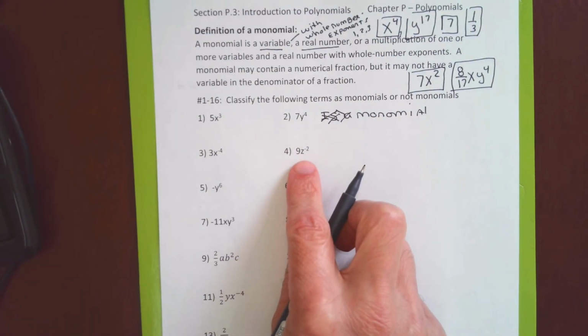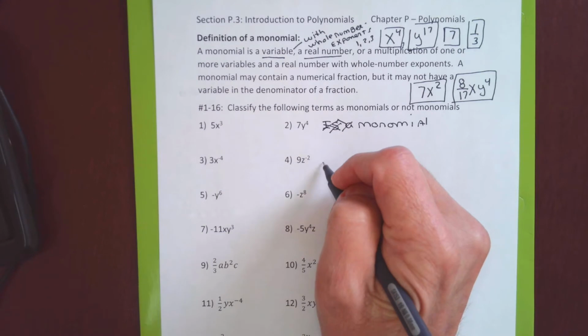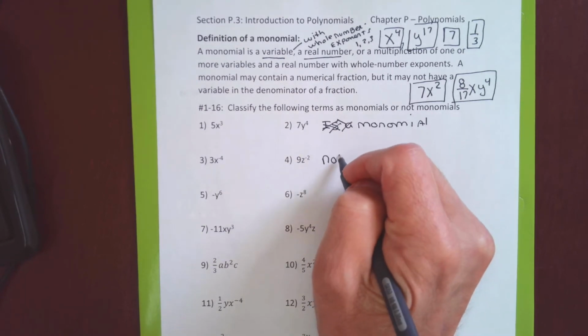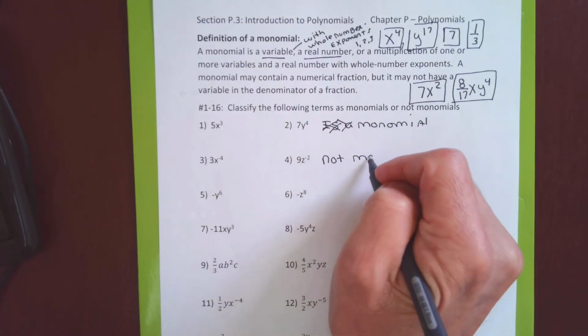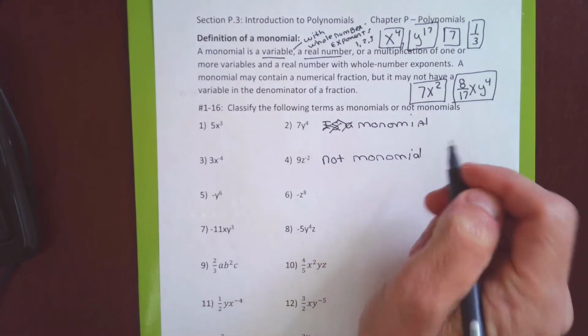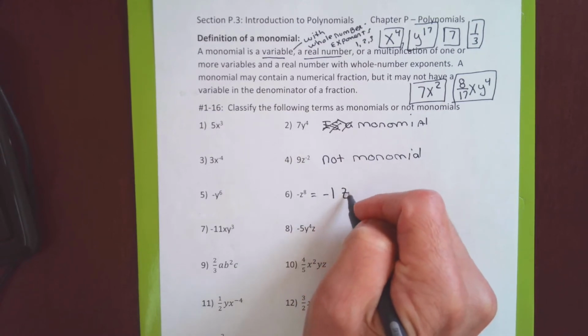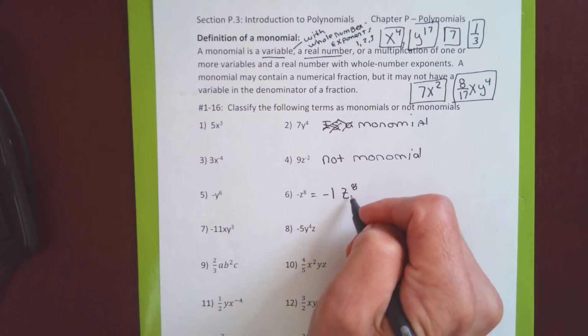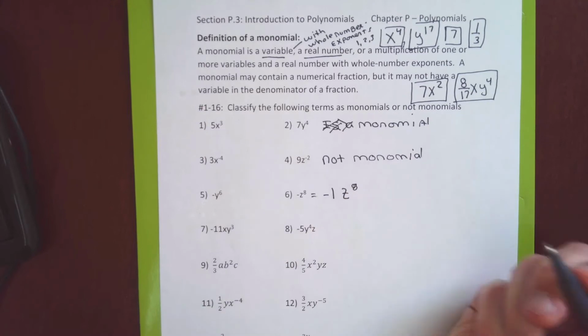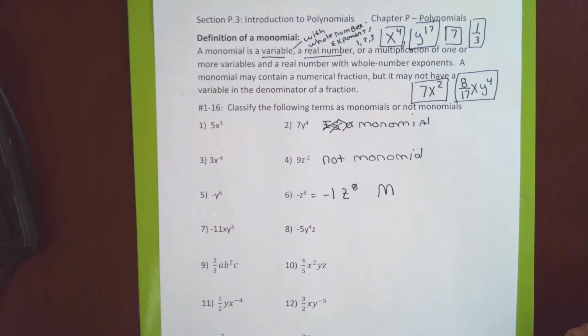Problem 4 is not a monomial. It's a single term, but that -2 exponent makes it not a monomial because you can't have negative exponents. Problem 6, this is really -1 times z to the 8th power. It's a number times a letter with a whole number exponent. This is a monomial. I'm just going to write m for my answer, meaning it's a monomial.